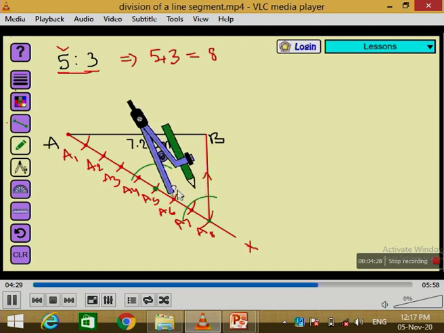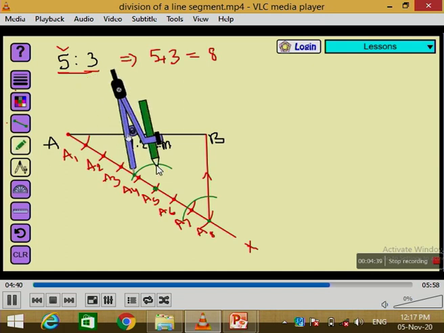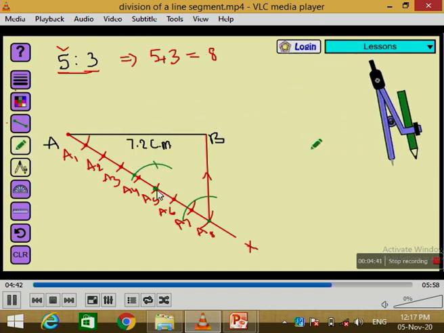Just measure the arc length, the radius we have drawn for the equal arcs, and now cut that length of arc here, and this is the intersecting point. From A5 to this point you draw a line, from point A5 to AB, which intersects AB in the ratio 5:3.